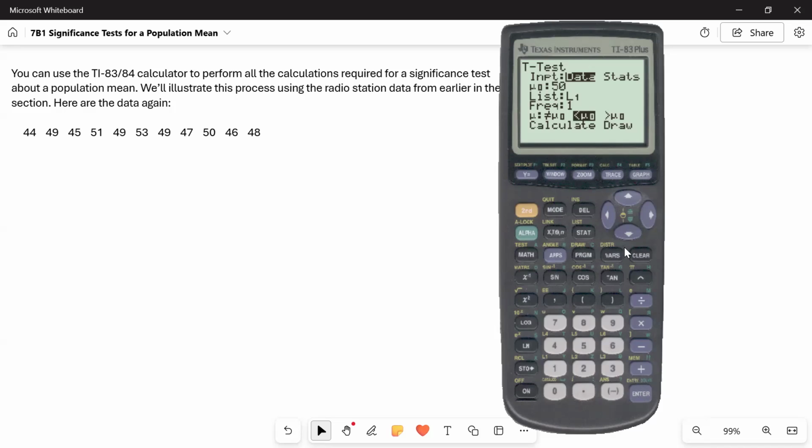Then highlight calculate and hit enter. And there we go. We have the t-test information for mu less than 50. The t-star critical value is negative 2.16. The p-value is 0.027. And then we have the sample mean, standard deviation, and sample size.